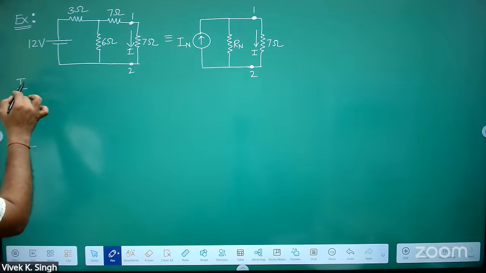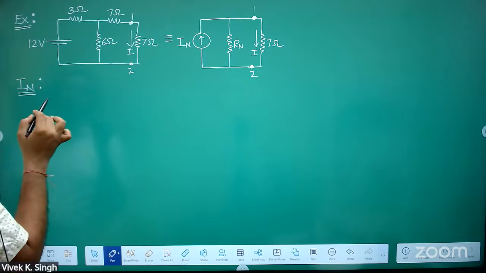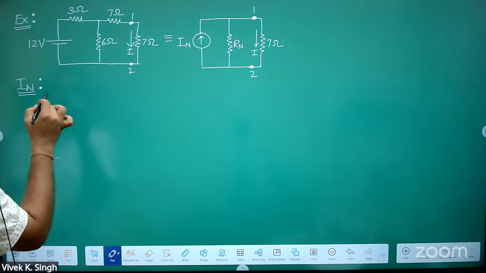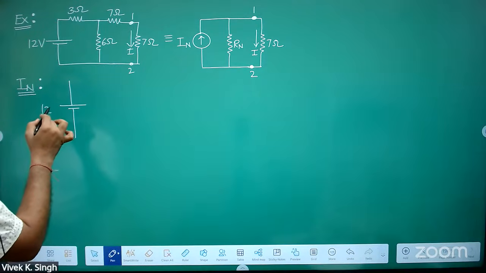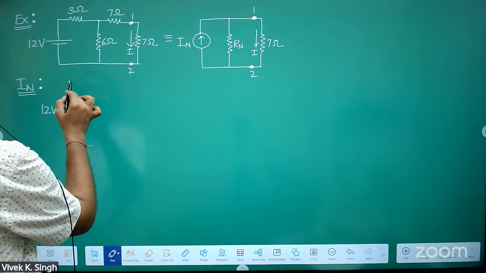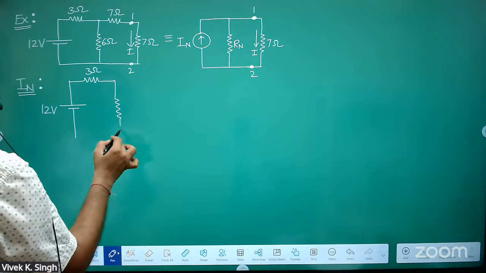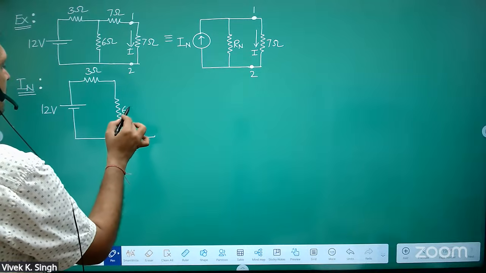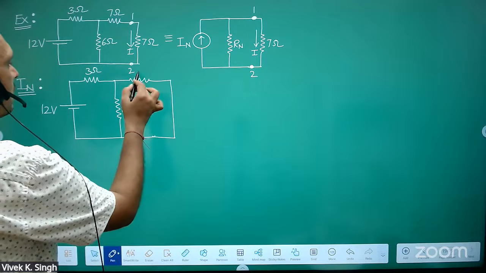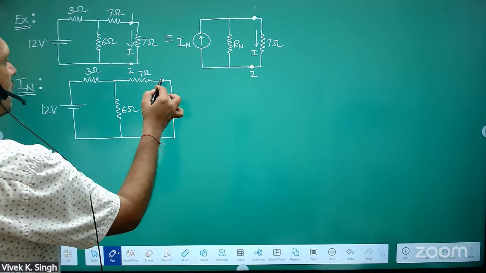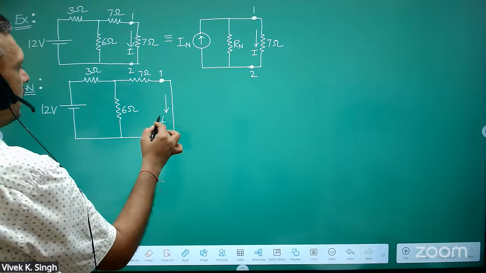So equivalent for IN. What will be the equivalent for IN? Short circuit current. This is IN.